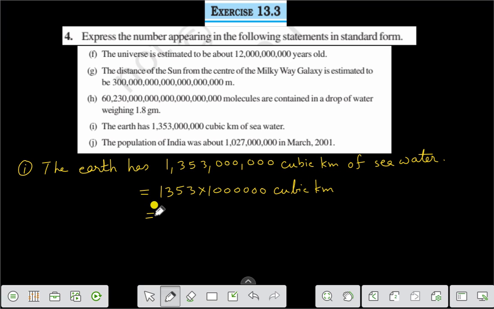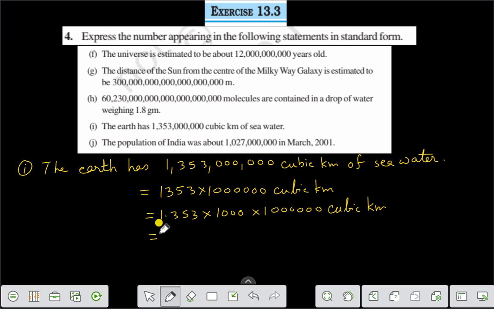Or it can be written as 1.353 into 1000 into 1, 1, 2, 3, 4, 5, 6 cubic kilometer.